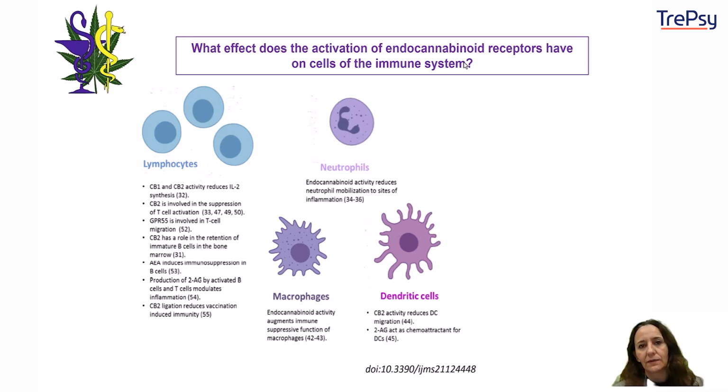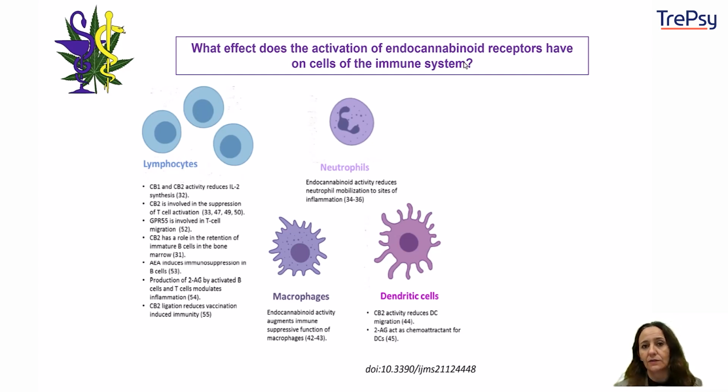Also, for example, in the case of neutrophils, that are very important cells in fighting infection in the first hours, endocannabinoid activity reduces their mobilization to sites of inflammation. This is very important, not in the case of pathogen fight, but in the case of chronic inflammatory responses.